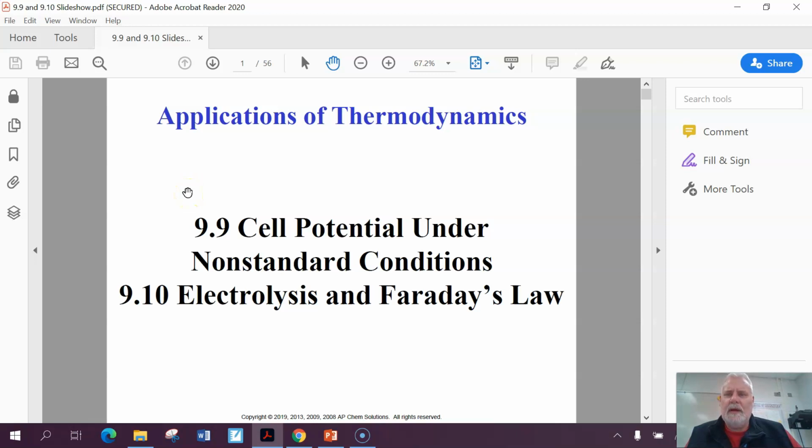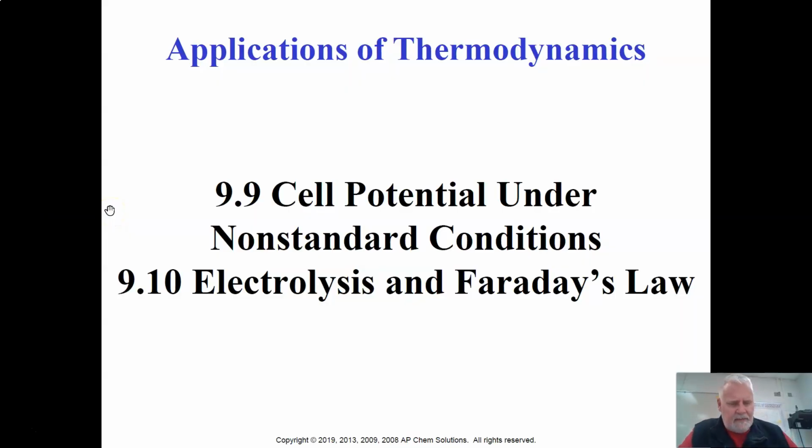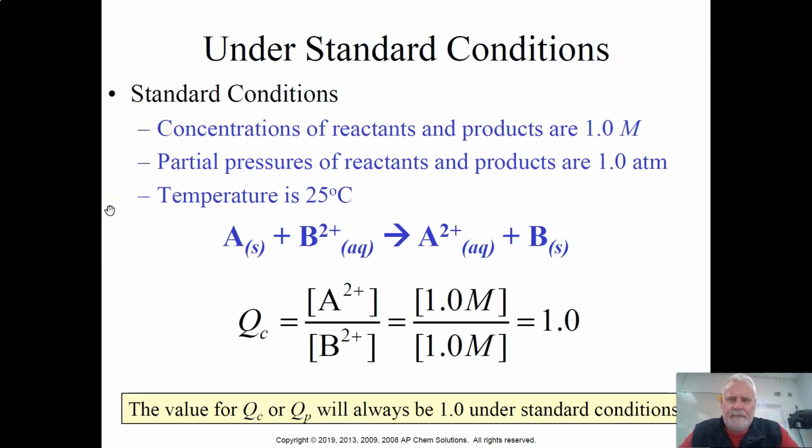All right, so this first idea is somewhat complex, so we're going to go through it slowly just to make sure that we can get a good understanding of what we're talking about here. First of all, it's very important to know what the standard conditions are.